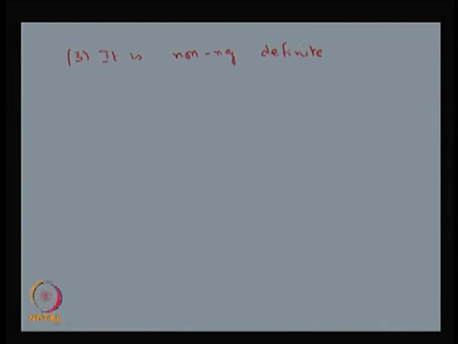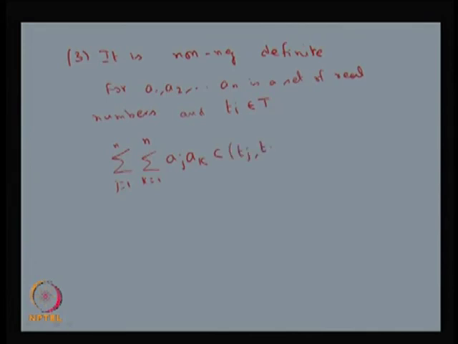That means for a1, a2, ..., an, a set of real numbers, and if you take t i belonging to capital T, and if you find this double summation of j running from 1 to n and k running from 1 to n, a j and a k, which are real numbers, with the covariance function of t j comma t k.